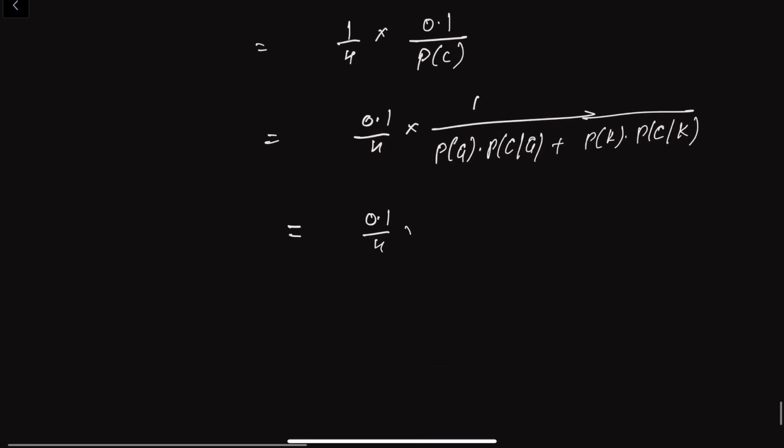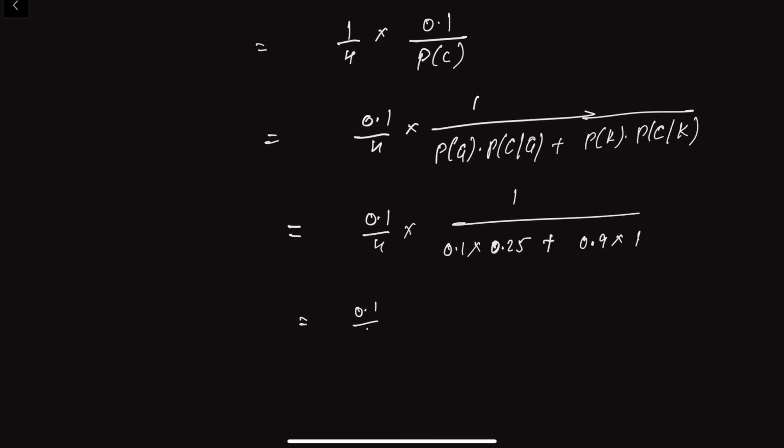So that is 0.1/4 into 1 by the probability of C. The probability that he is guessing the answer is 0.1, into the probability that he marks it correct given he is guessing, which is 1/4, that is 0.025, plus the probability that he knows the answer, 0.9, and the probability that he'll make it correct if he knows the answer, which is 1.